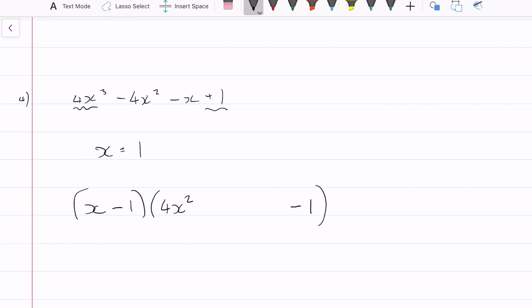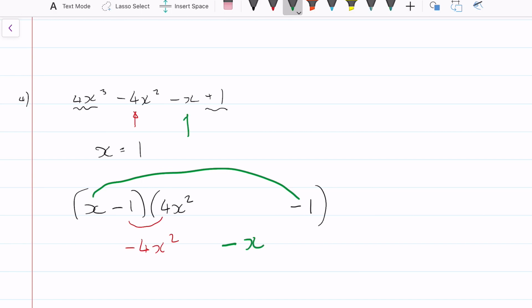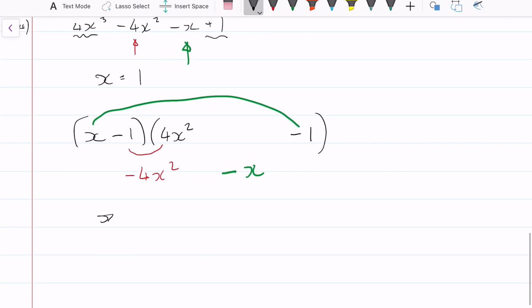Now let's multiply this outer term, which gives us a minus 4x squared, and there is a minus 4x squared, so we can leave that as it is. Multiplying the outer terms, we get a minus x, and there is a minus x there. So that means we don't need a middle term. So our answer is x minus 1 times 4x squared minus 1.